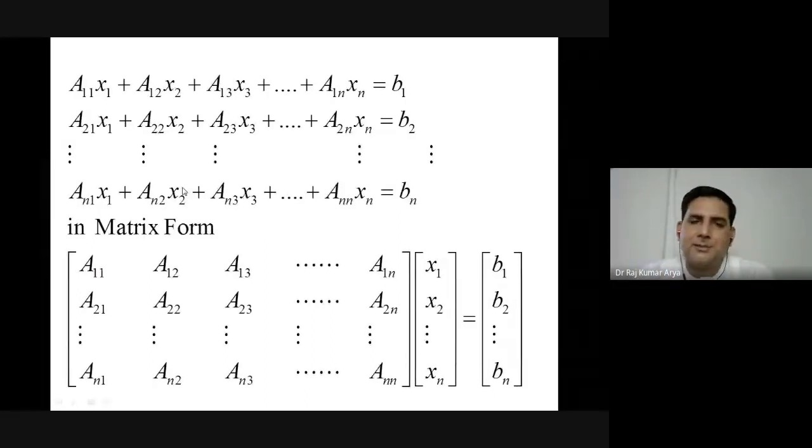Or it might be possible that somehow you get all equations in such a way that every equation would have just one unknown. So let's say if you have converted this matrix A to an upper triangular matrix, it means the last equation has one variable, the second last would have two variables, third would have three variables, fourth would have four variables.